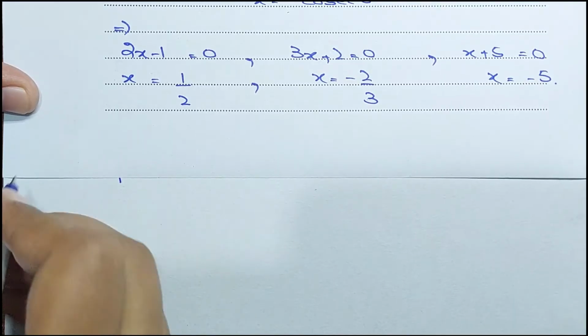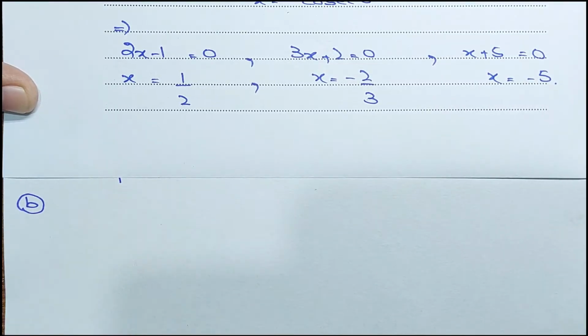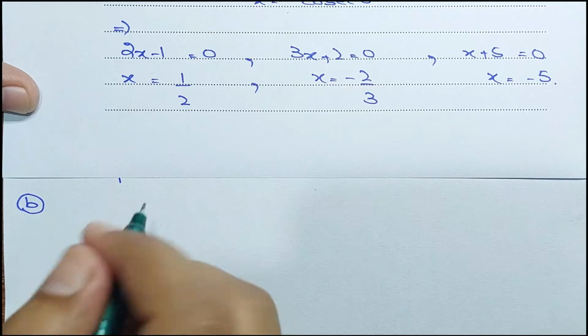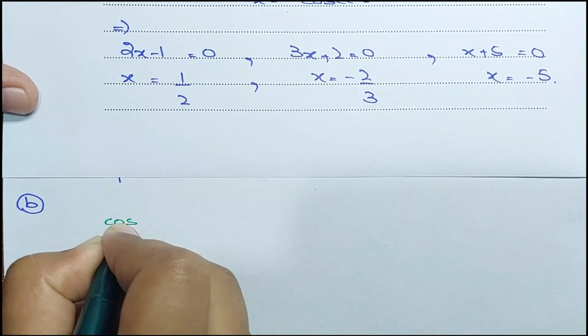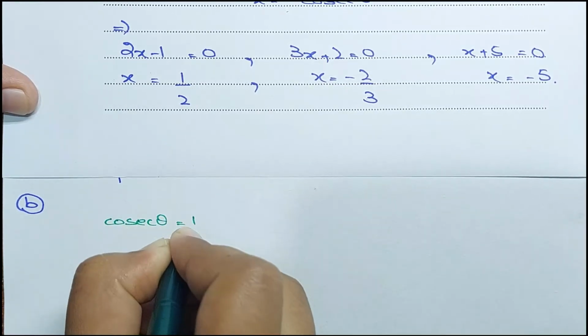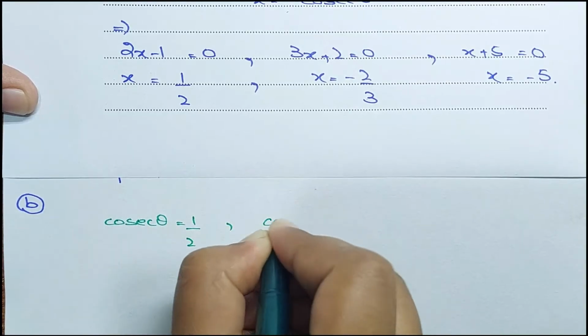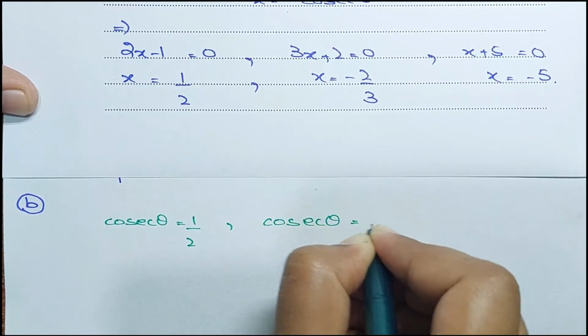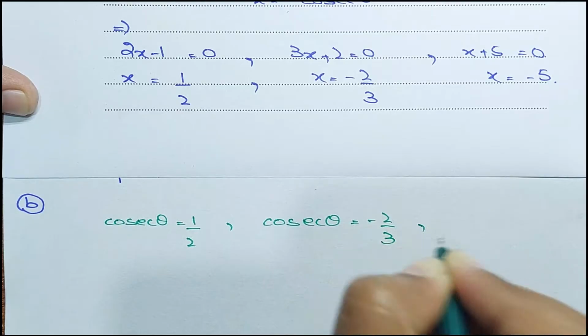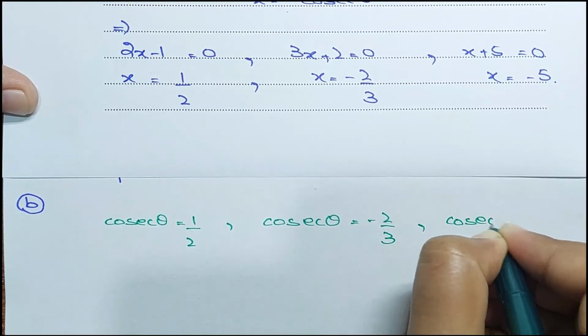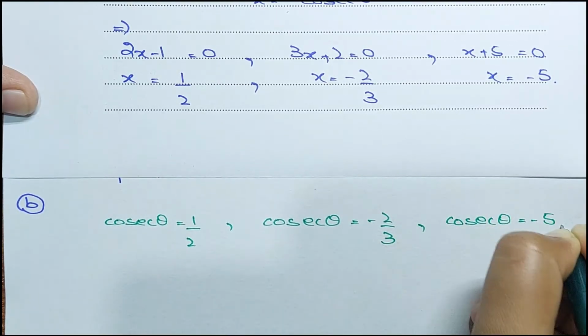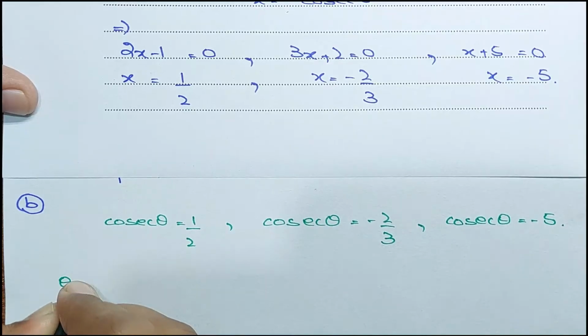Okay, so this is the B part. So we can say cosecant theta is 1 by 2. Cosecant theta is minus 2 by 3. And cosecant theta is negative 5. Let me solve for theta.